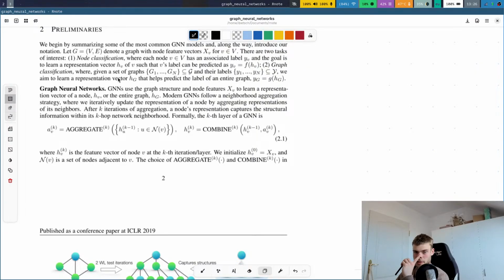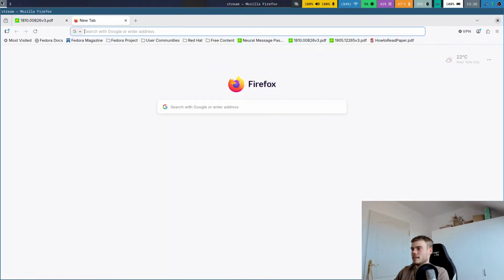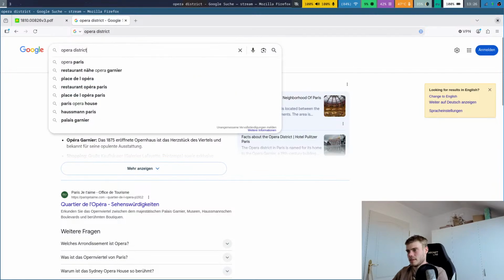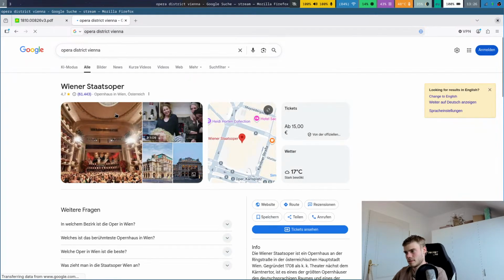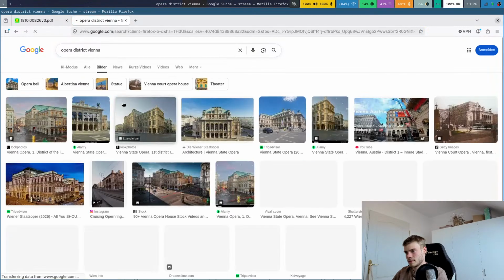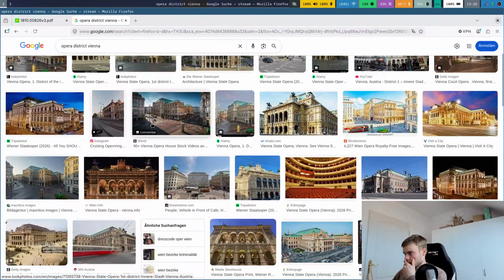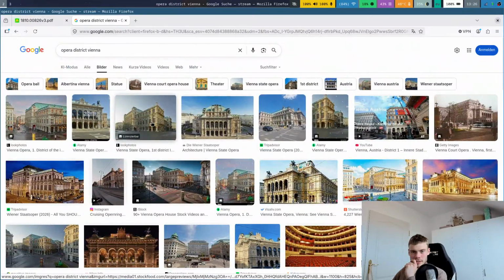You love the Opera, yeah? I don't exactly know what the Opera district is. Opera district of Vienna. We were also, I don't know if we looked at this, but there are several beautiful places there.